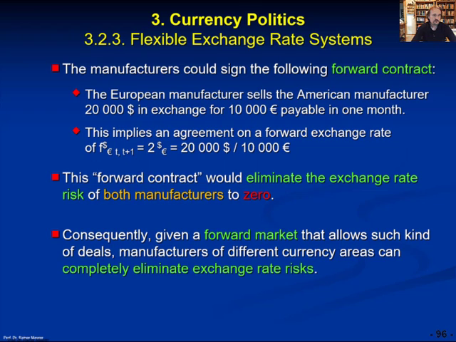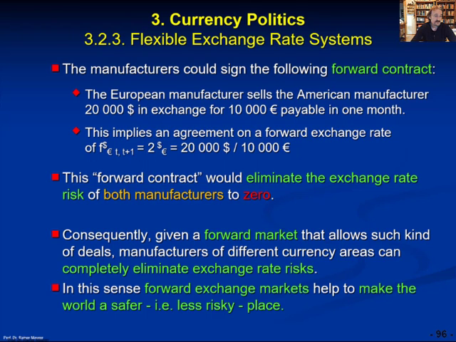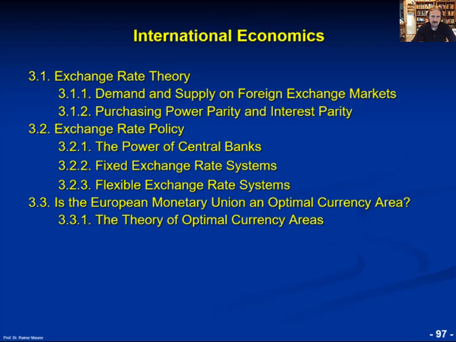Consequently, given a forward market that allows such kind of deals, manufacturers of different currency areas can completely eliminate exchange rate risk. In this sense, forward exchange markets help to make the world a safer, which means a little bit less risky place. So much for this lesson.